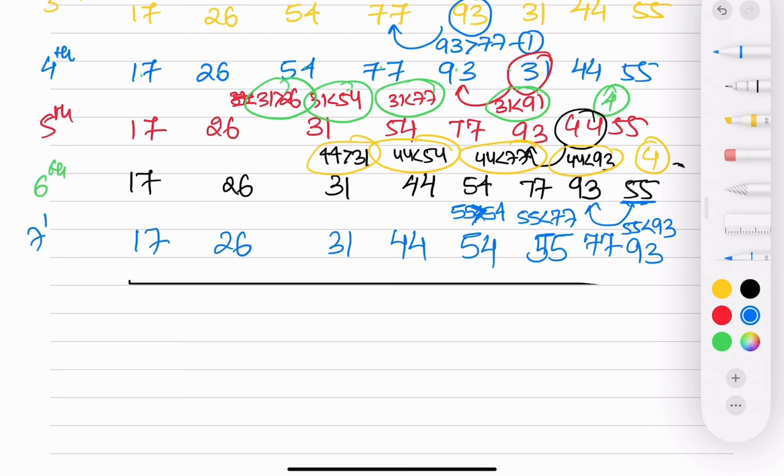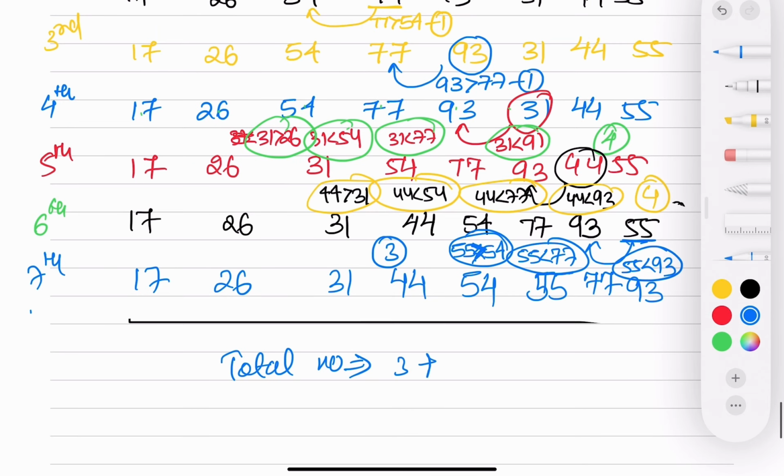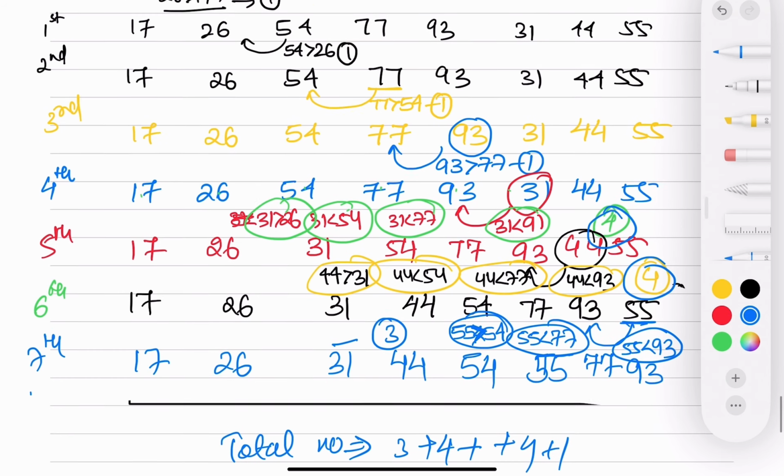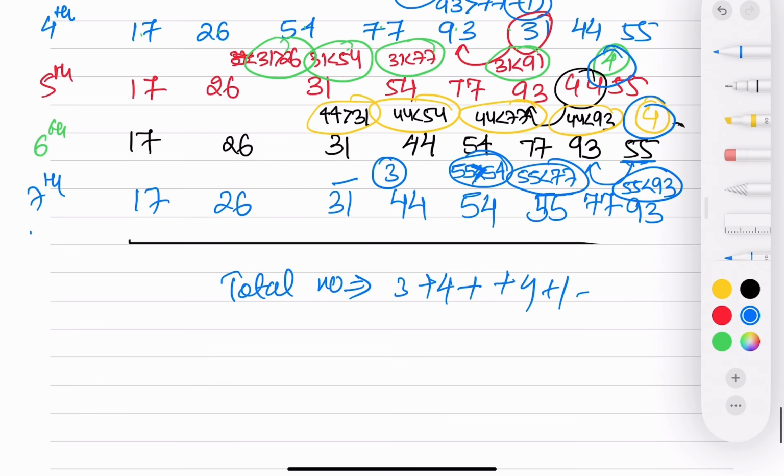How many comparisons did we make? 1, 2, 3 comparisons. If someone asks what the total number of comparisons is, you can write 1 plus 1 plus 1 plus 4 plus 4 plus 3. These are the total number of comparisons.